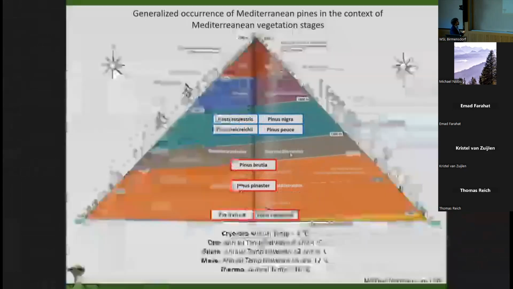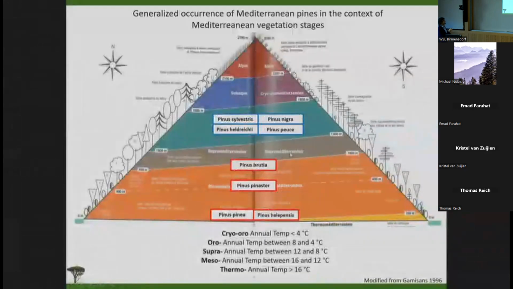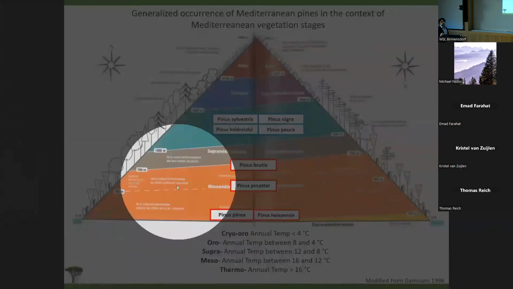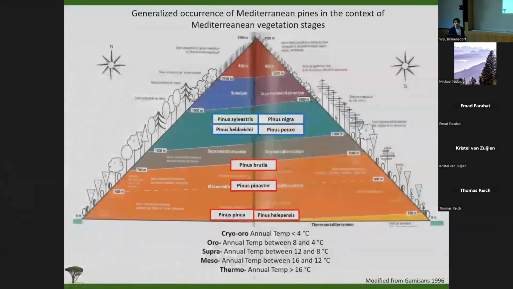A group of mountain pine forests, including Sylvestris, Heldreichii, Nigra, and Peuce, and a group of, let's say, warm-loving species, and therefore forests, including Brutia, Pinaster, Pinea, and Halepensis. So with respect to the vegetation stages, we can roughly distinguish these two big groups of pine-dominated forests.